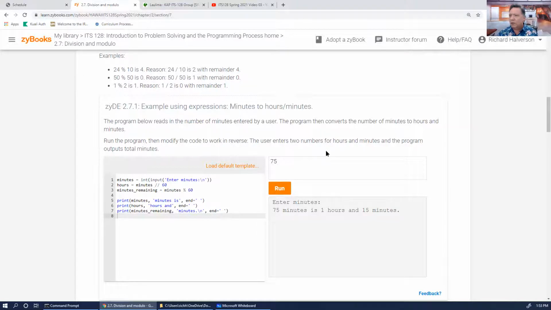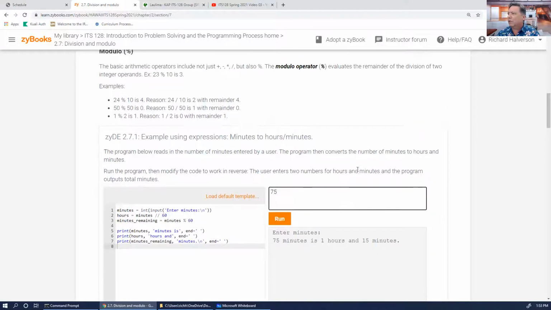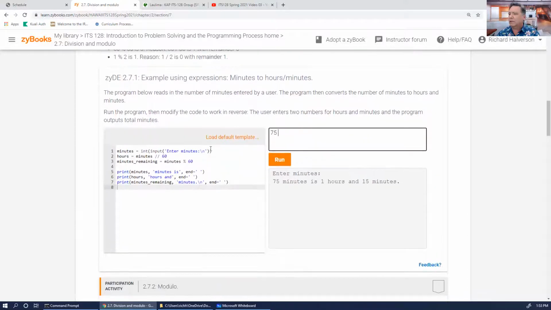So if you want to modify this, you don't really get any points for this. This is just a fun example. I guess you would enter in hours and minutes. So I'm going to go int input, enter hours.